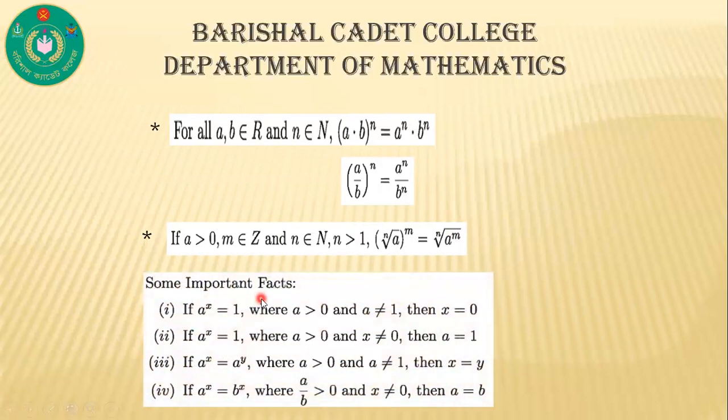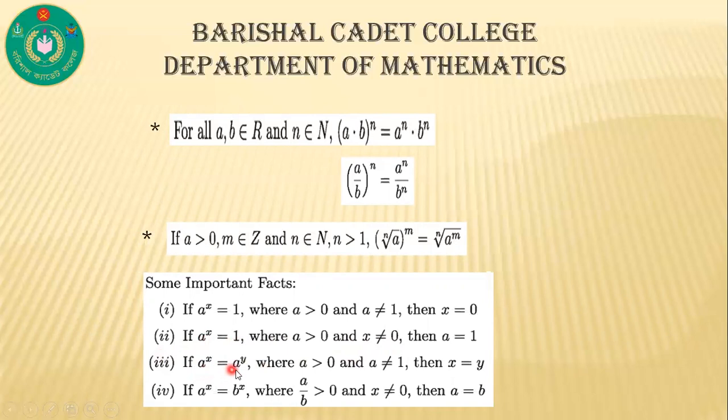Now some important facts. If a to the power x is equal to 1, where a is greater than 0 and a is not 1, then we can write x is equal to 0. If a to the power x is equal to 1, where a is greater than 0 and x is not 0, then we can write a is equal to 1.